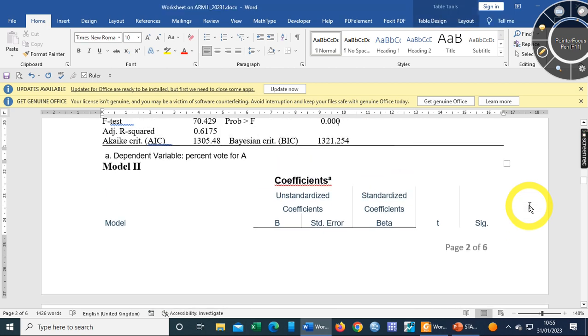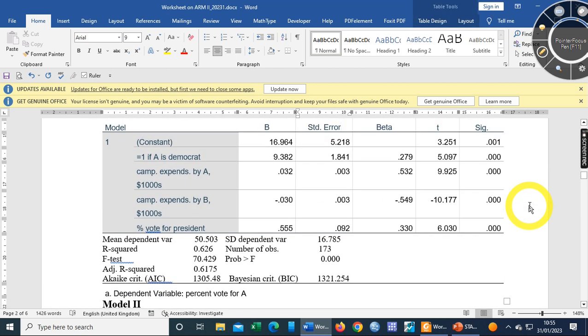And when we come to the first model, it has a p value less than 0.05 again, which implies that the first model is a useful model because it fits the data very well. Now let's interpret the coefficients.